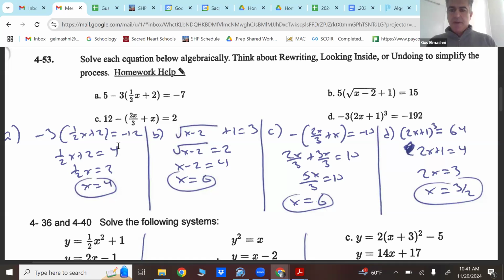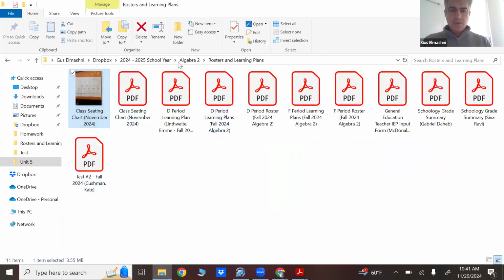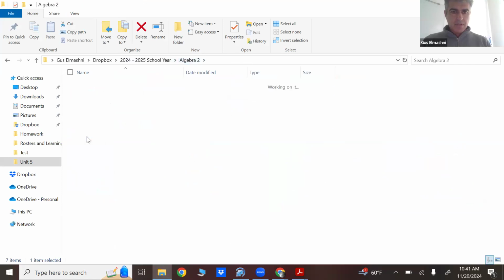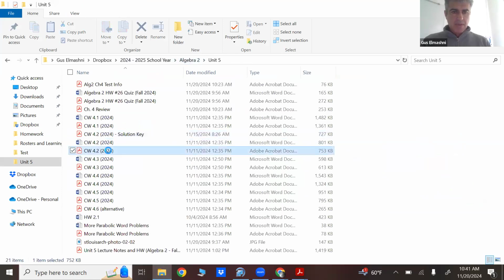For D, divide by -3, then cube roots, and then subtract 1, divide 2. So these were all kind of review from a previous homework. In fact, actually, let me pull up the previous homework right here, which is probably that one.